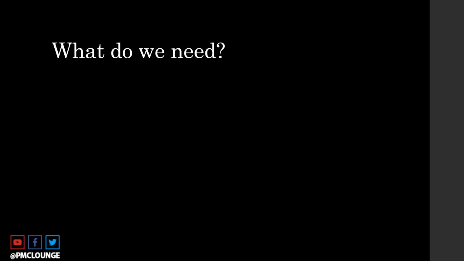So what do we really need for this process? When we say what do we need, we are talking about the inputs. Now, hope you remember the estimate activity resources process. This is something that we recently discussed as part of resource management knowledge area. I'll share a link to that in the description below so that you can refresh your memory in terms of what estimate activity resources is.